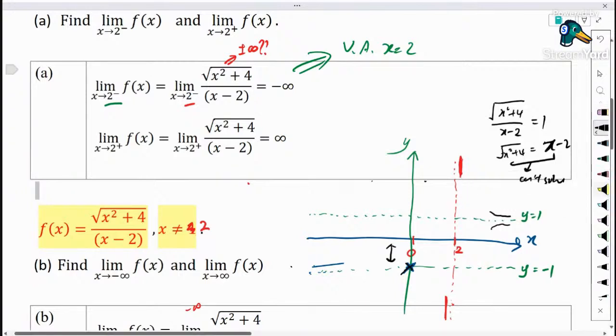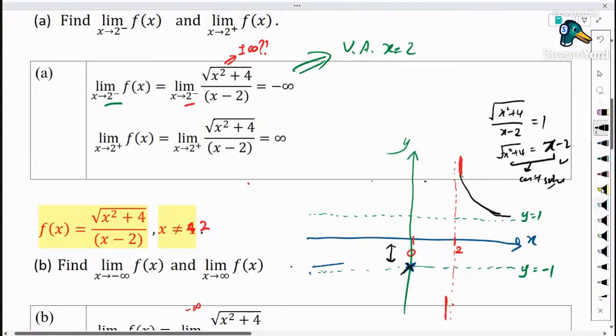It will cross the y equals to 1 and then go back to the asymptote. And also you need to further consider whether it will cut the x-intercept or not. So there are a few things I need to consider. But first, if I find out it can't be solved, therefore I don't have to consider the x-intercept part. So by right, the graph will just continue like this.